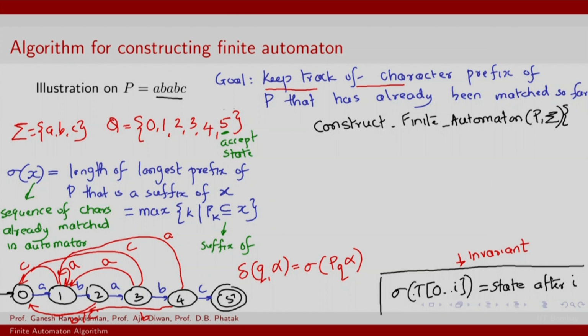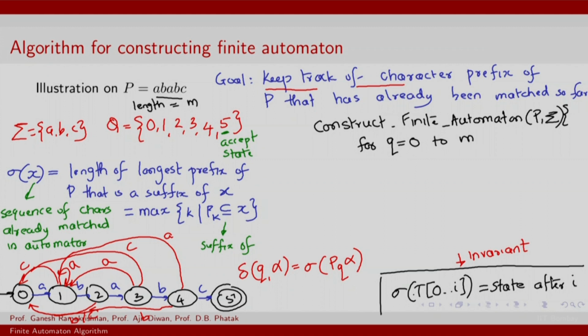We will assume that the pattern P has length m, and we know that our states will be ranging from 0 to m. So we are going to start from state 0 and go until m.